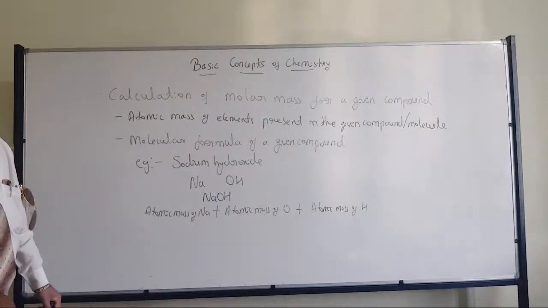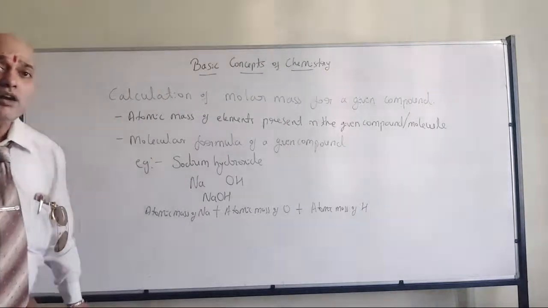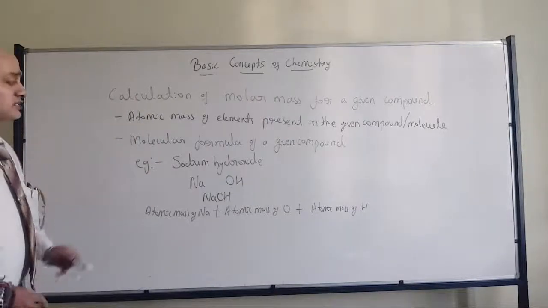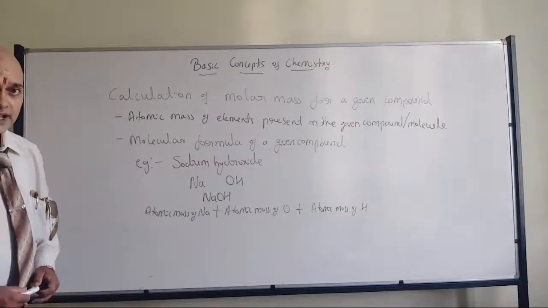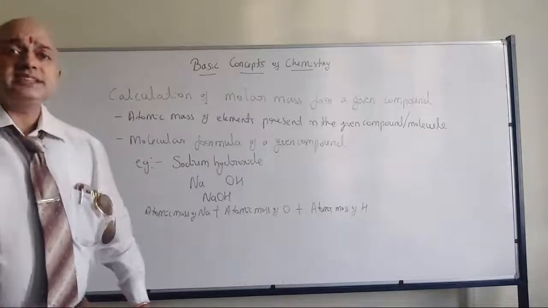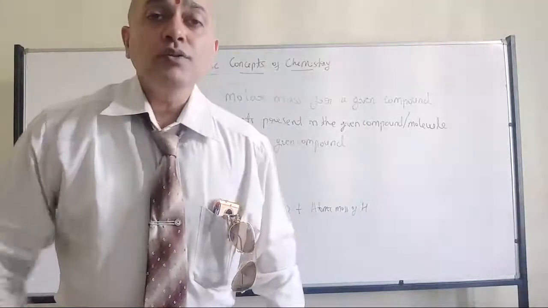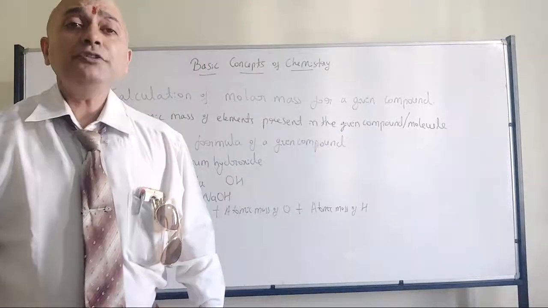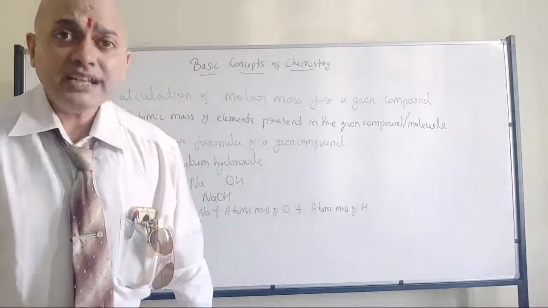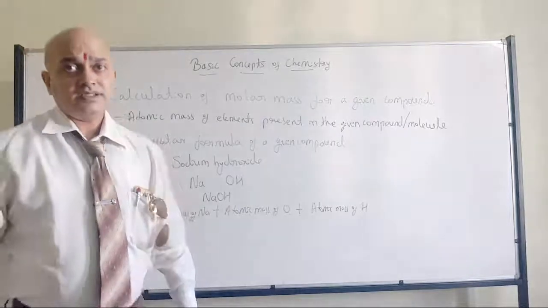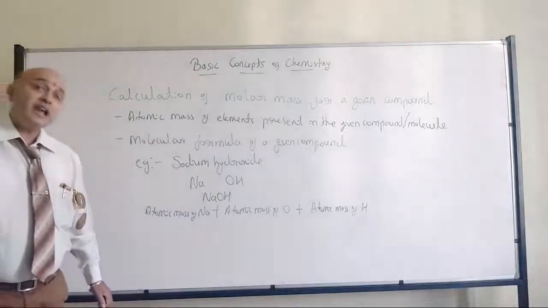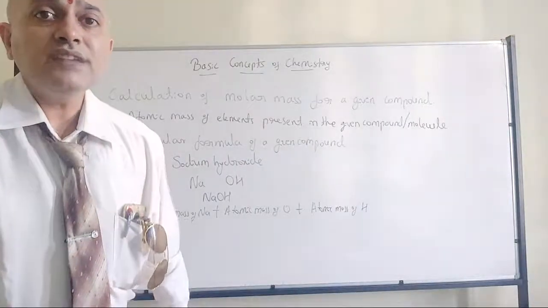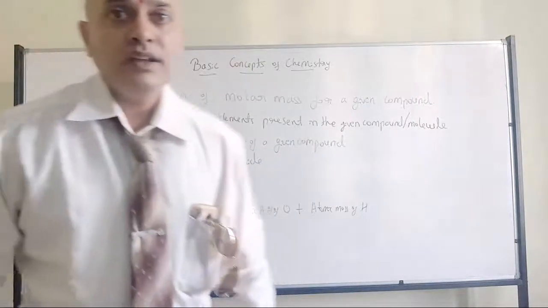So we have to add the atomic mass of all these elements, then we are going to get the molar mass of sodium hydroxide. So therefore, please students remember that once your classification of elements topic is done, try to remember up to at least 35 elements. More than that will be nice. But otherwise, at least up to 35 elements we should know.